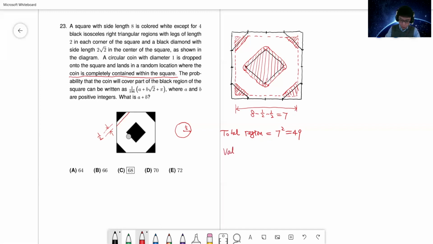So let me call this the valid region. The valid region is the red region in the picture. Now let's calculate the area of the red region.